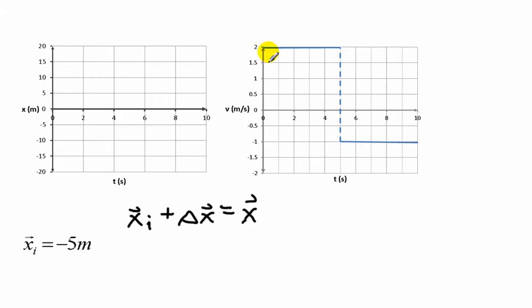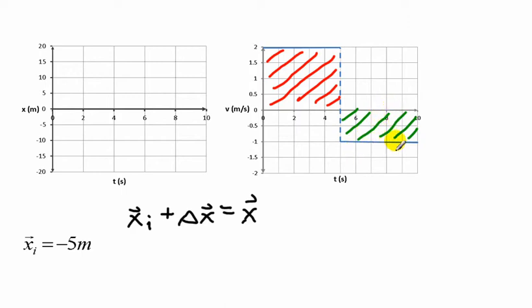So we can sketch out an area, kind of enclosed in this box here, and we'll use a different color here. Okay, so we can think about these as areas under the curve, or maybe a better word would be areas between the horizontal axis and where the graph is.